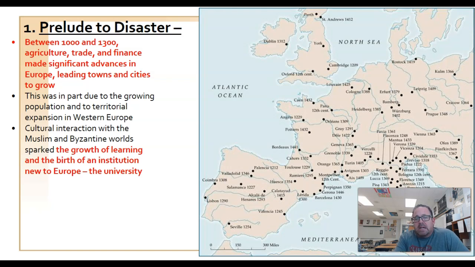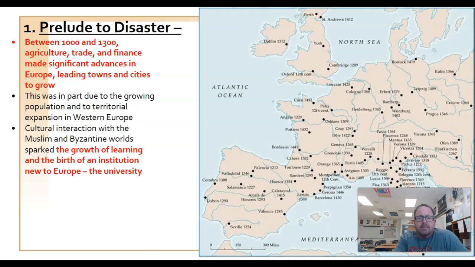And so what that's evidence of is learning and trade and commerce and cultural diffusion. And a lot of times people refer to this time period as the Dark Ages. But what this map kind of helps dispel is that this time period was anything but dark.